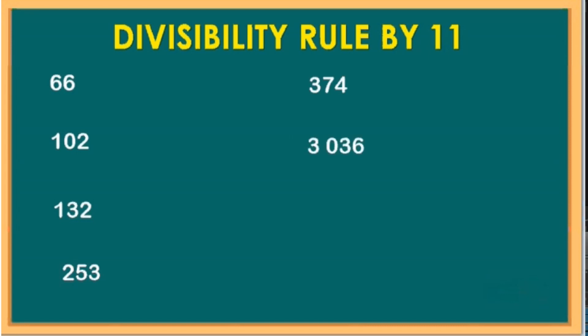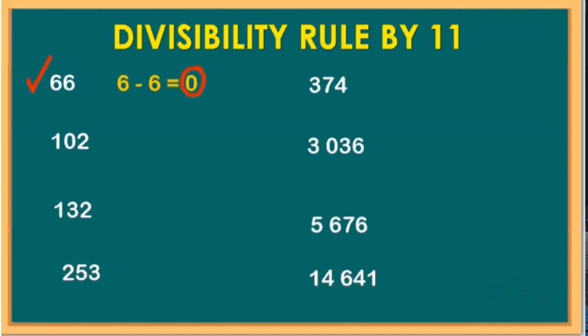For example, we have 66, 102, 132, 253, 374, 3036, 5676, and 14641. Let us try the rule. Here for 66, 6 minus 6 is 0. So 0, as I have said a while ago, therefore 66 is divisible by 11.